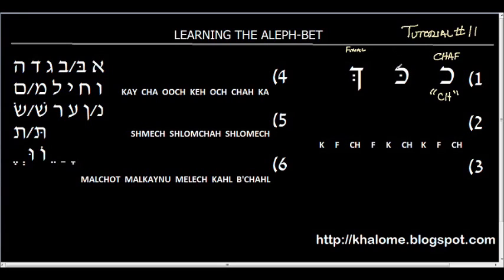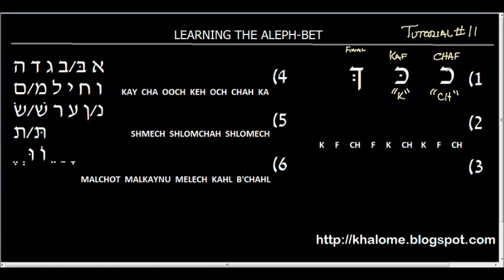If we see the dot in the middle, then we're going to pronounce that as kaf, like a hard K. So this letter really constitutes the equivalent of the English K. We'll see this a lot with the dagesh, but we'll also see it without it as well. And just remember, when the dagesh is present, we're going to use a hard K, kaf, and when it's not present, it's going to be chaf, kind of like the chet.